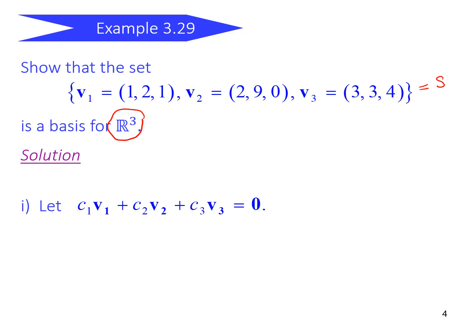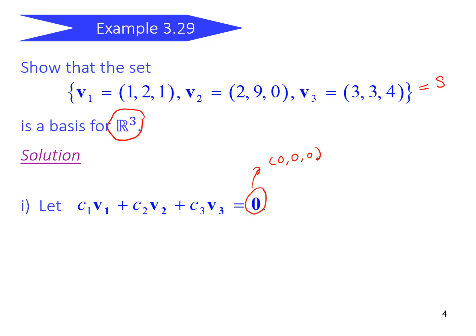To do that, we write this equation where C1, C2, C3 are scalars multiplying the vectors on the left hand side, and on the right hand side we have the zero vector of R3, which is equal to (0, 0, 0), because we consider the Euclidean space.